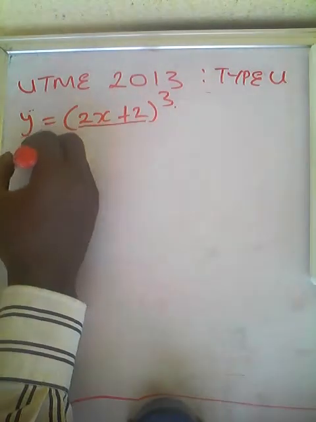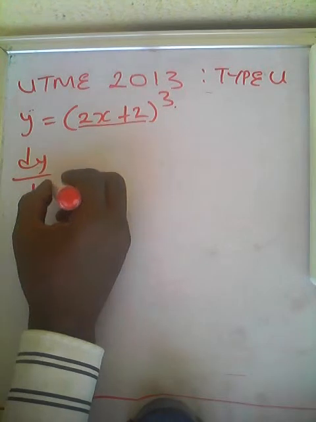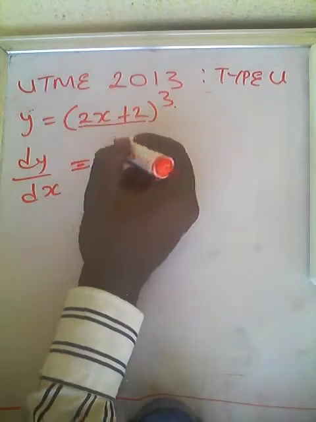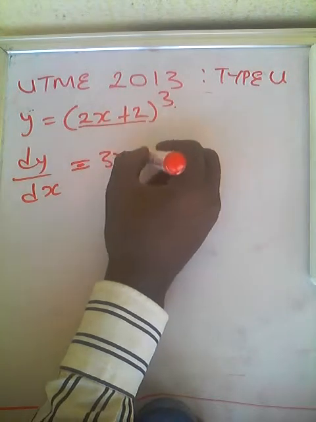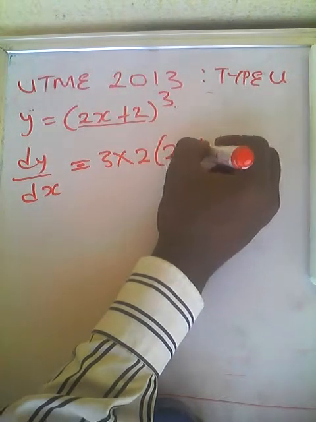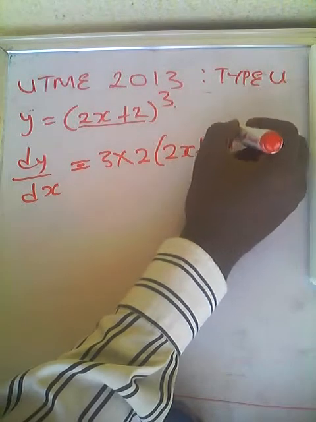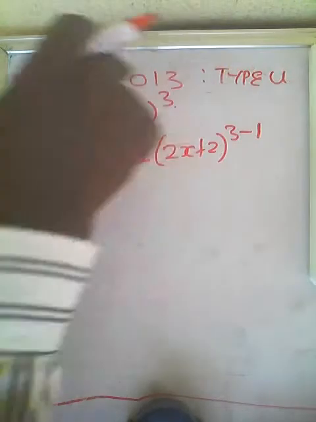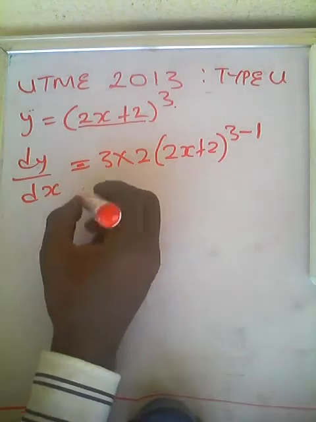So dy/dx will be equal to the power, which is 3. Now we multiply by the derivative of the content. That is 3 times 2. Then we repeat the bracket again, (2x + 2), to power 3 minus 1. We must subtract 1 from the old power to have a new power for the derivative.